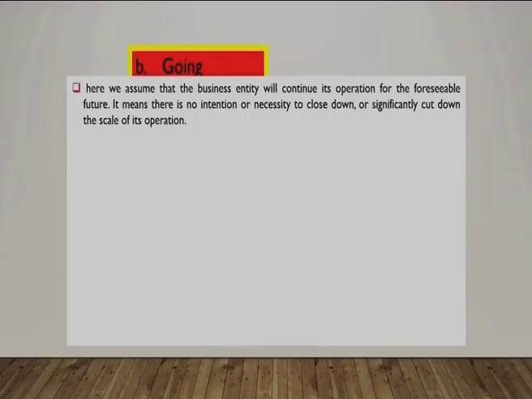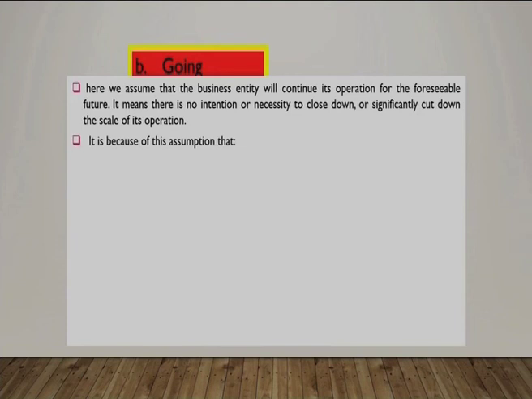Second one, going concern. Here we say that the business entity will continue its operation for the foreseeable future. It means there is no intention or necessity to close down or significantly cut down the scale of its operation.